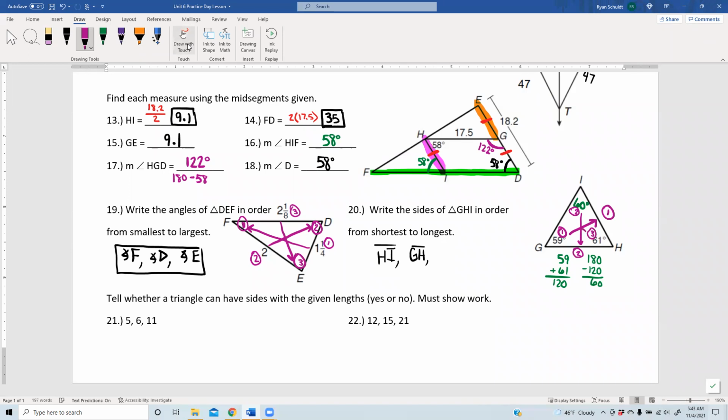So that means our biggest side is IG. And there we go. They're listed in order of shortest to longest. HI is the shortest. IG is our longest.